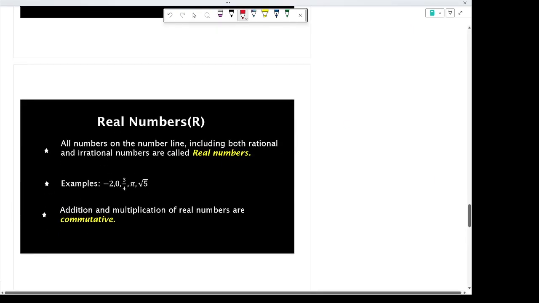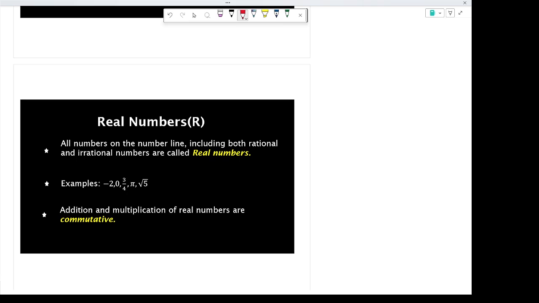Next, we look at real numbers. Real numbers include all the rational numbers and the irrational numbers. All numbers on a number line, including both the rational and irrational numbers, are called real numbers.